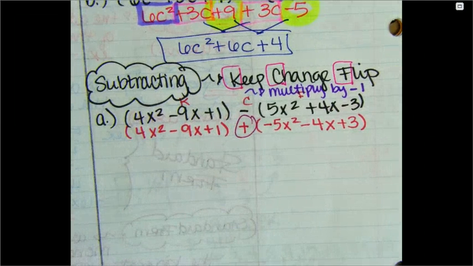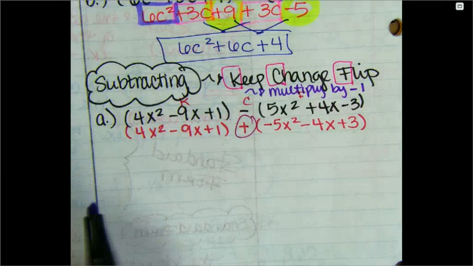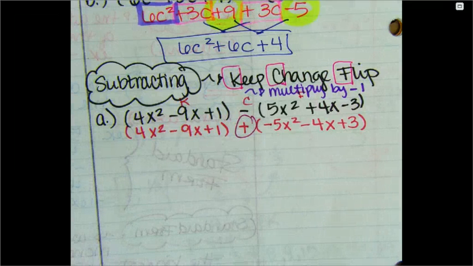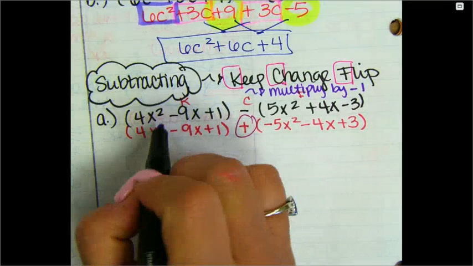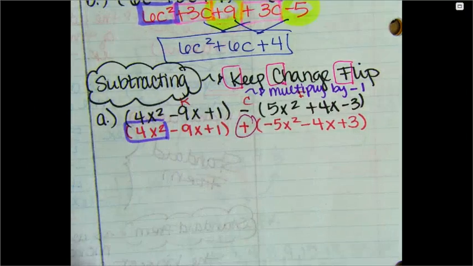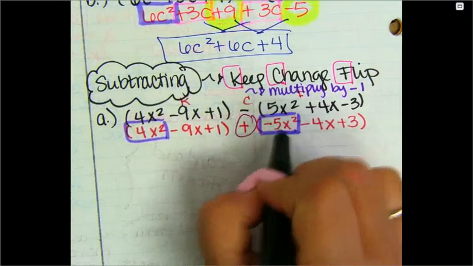The 4x with the exponent of 2. So 4x squared? And then the -5x squared. Good. And what does that give me?